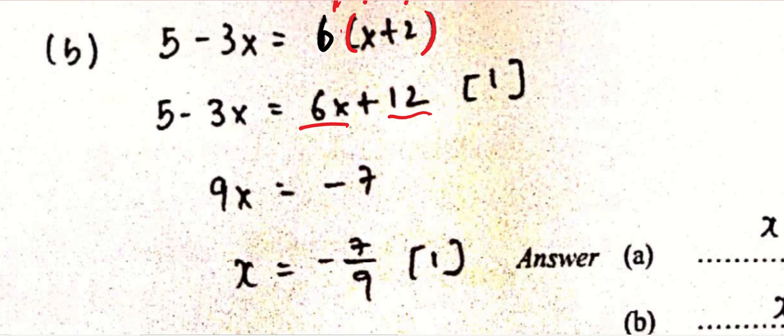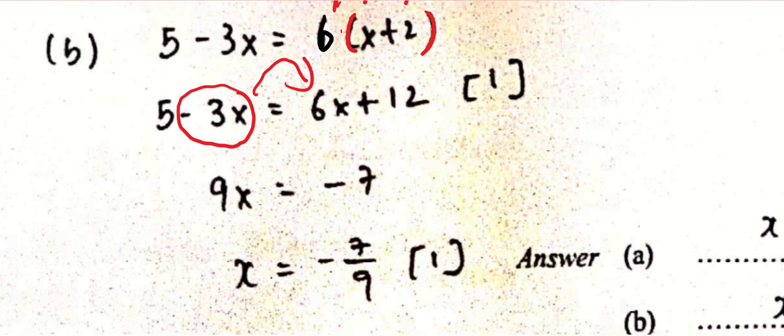Next, again, when I want to solve, I need to throw all the variables to one side and all the constants to the other side. So in this working, the one who did the solution actually threw this minus 3x over to this side. Up to you.